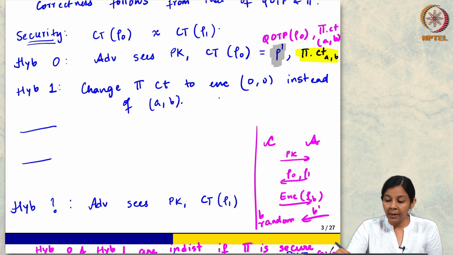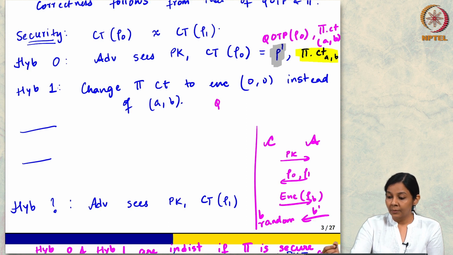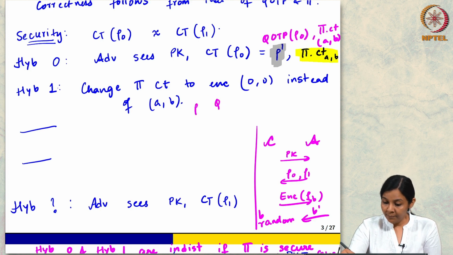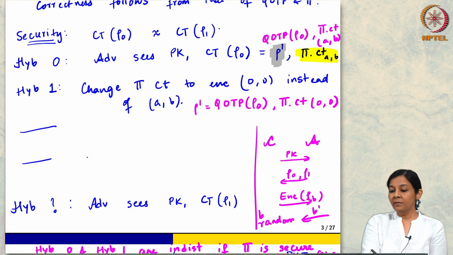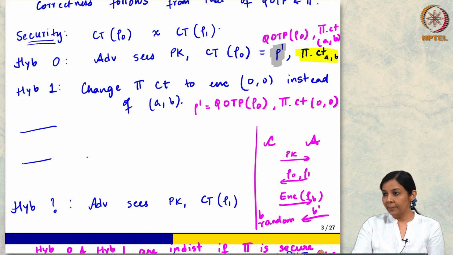So, what is my quantum ciphertext in hybrid 1? Good. Rho prime, which is QOTP of rho 0, very good, and pi.Ct of 0 0. This is what I said I am changing.